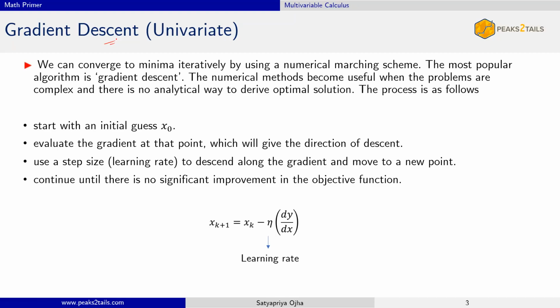Okay. All right. Now, for all intents and purposes, we'll assume that our objective function is differentiable and convex. Right? Because if it is not, then you have multiple local minimas and there are chances that you get stuck in local minima.